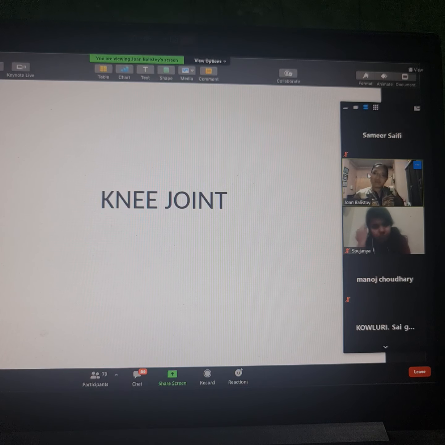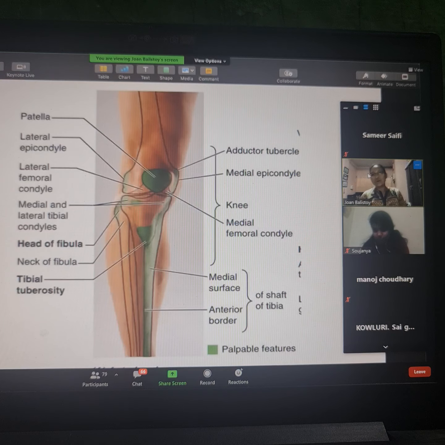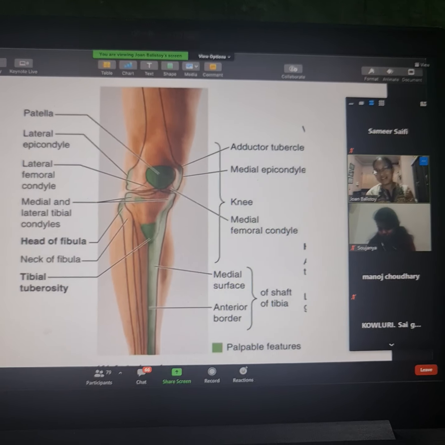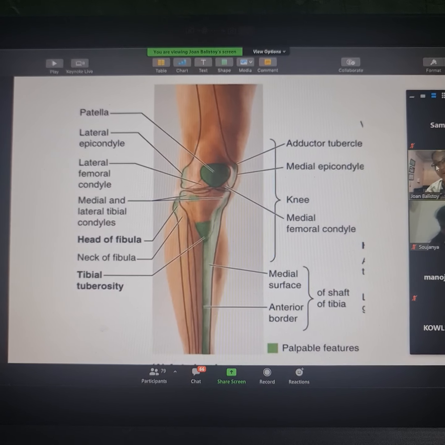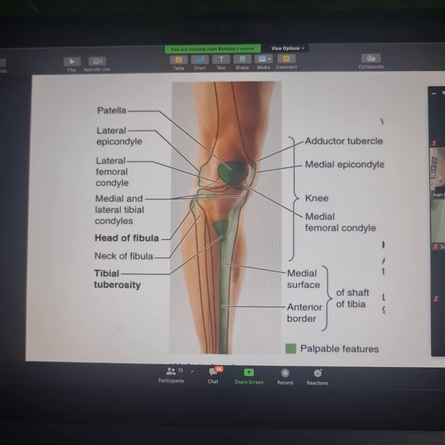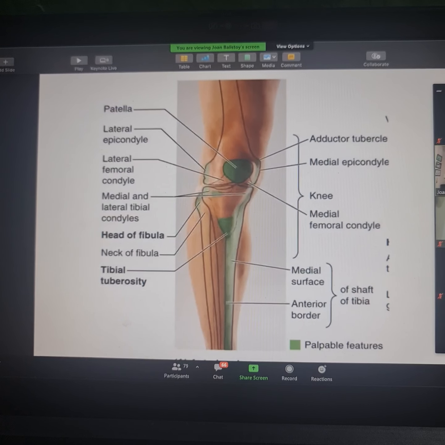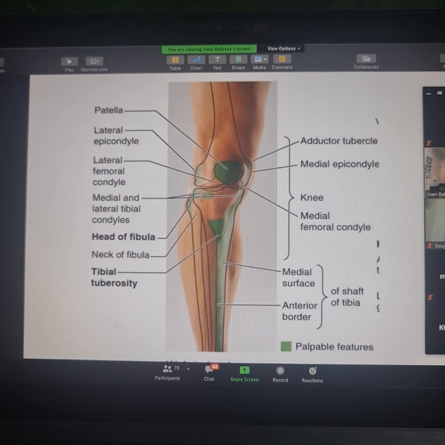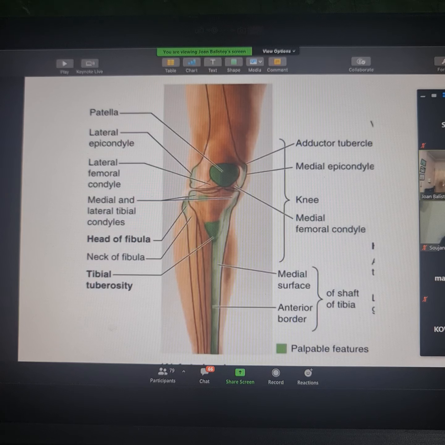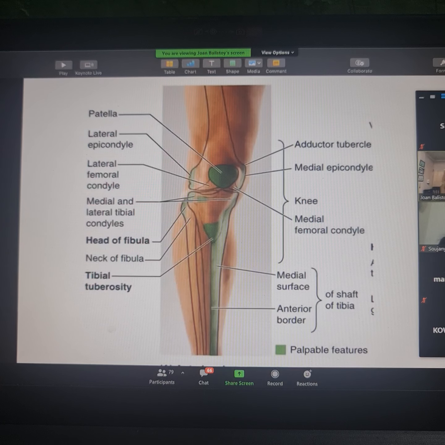All right, so let us start getting to know who are those smart students of this group by starting with the knee joint. Who doesn't know their knees? This is a very, very easily recognizable part of your body. And with that, you have to know what are those parts that you can touch or actually see.